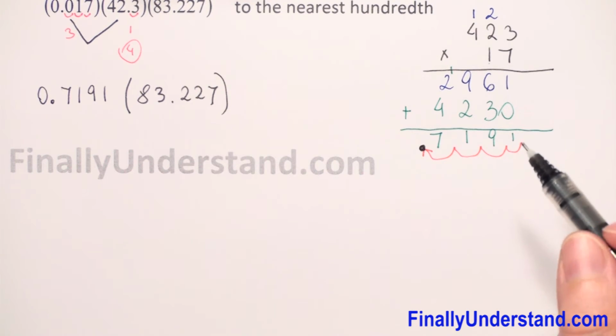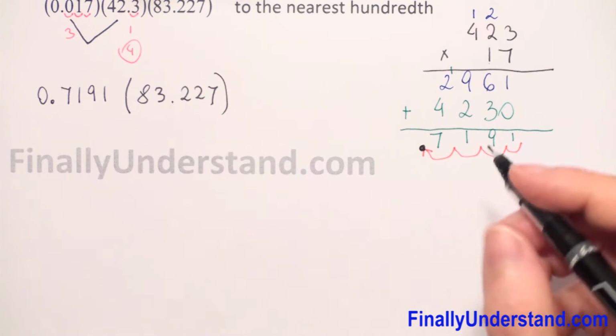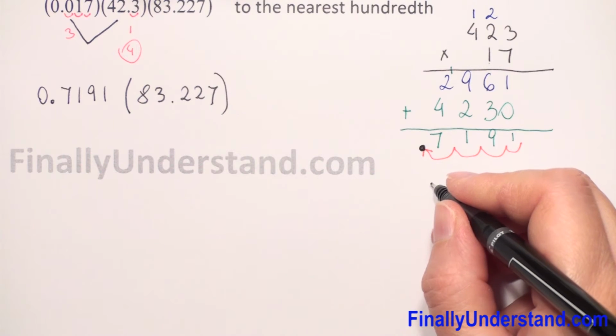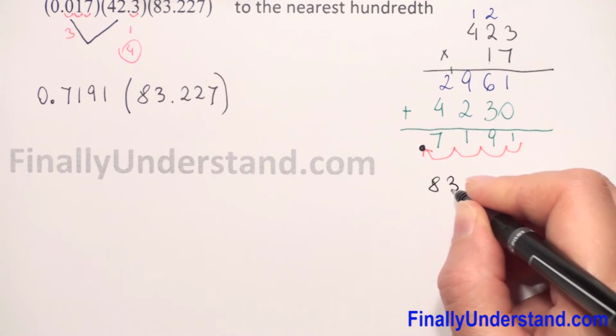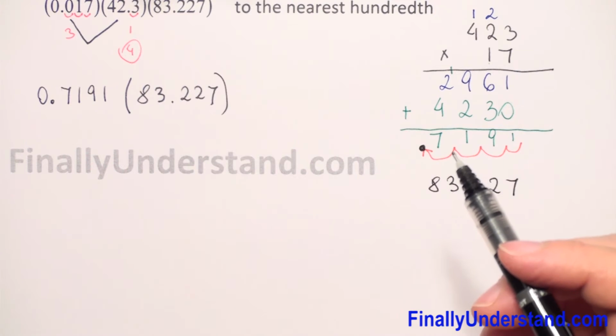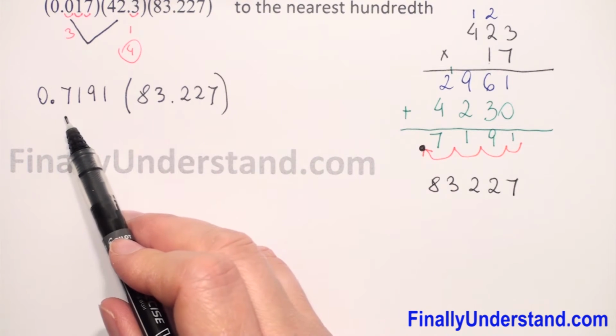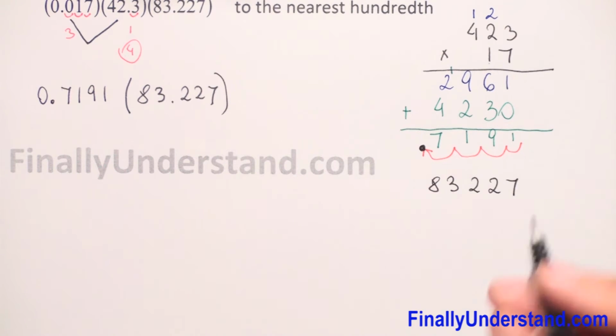And what else? I always write on the top the number which has more digits different than zero. So we have 8, 3, 2, 2, 7. Like I said, when we do multiplication, it doesn't matter if you multiply the second factor by the first or the first by the second, the result will be the same.